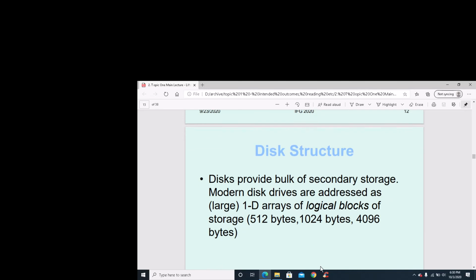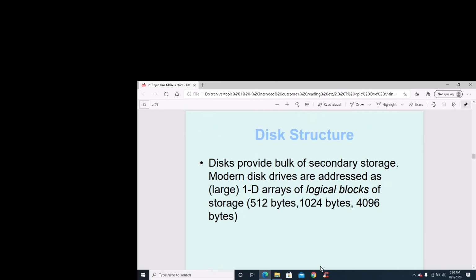So let me say a few words about the disk structure. A fact of the matter is that disks do provide the bulk of computer memory, and modern disk drives are addressed as large one-dimensional arrays of logical blocks of storage. So what I'm talking about is, from a logical point of view, in computer science, data can be addressed as an array, moving from left to right along the array.